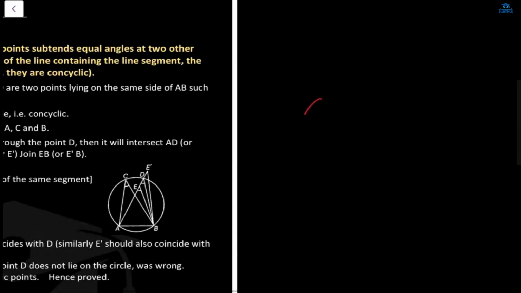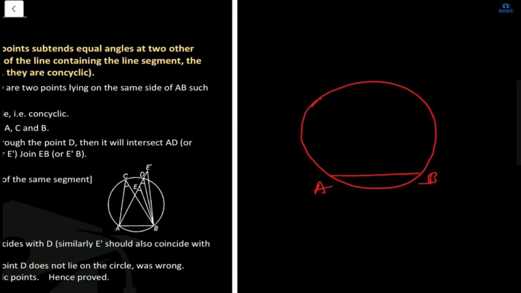That means if I have a circle, this is a line segment AB, and it holds an angle at any point C. Now we have to prove that they are concyclic, that is, they should lie on the circle. We have to prove that point D is on the circle.